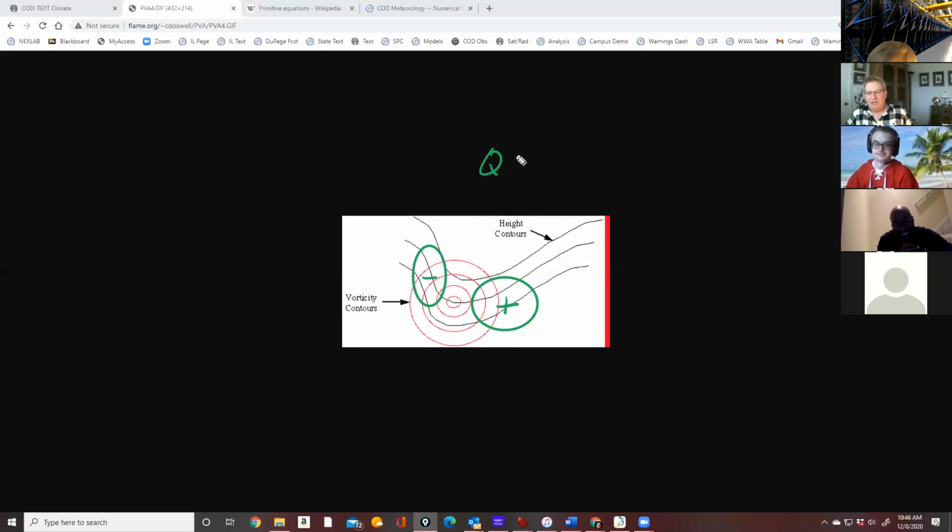That's what the quasi-geostrophic omega equation is. That's what it tells me. Air rises ahead of the shortwave, air sinks behind it.